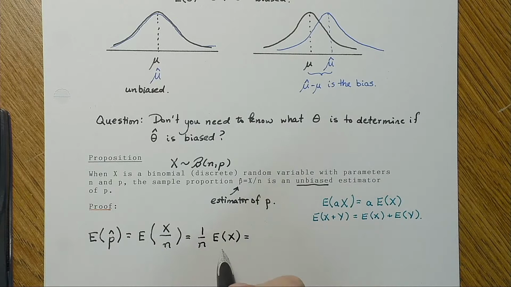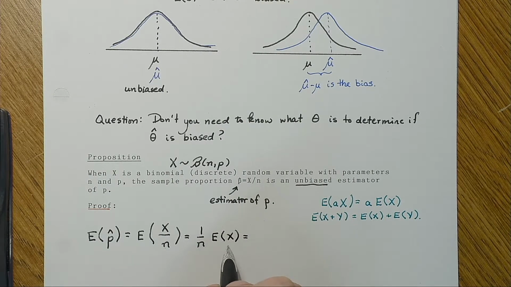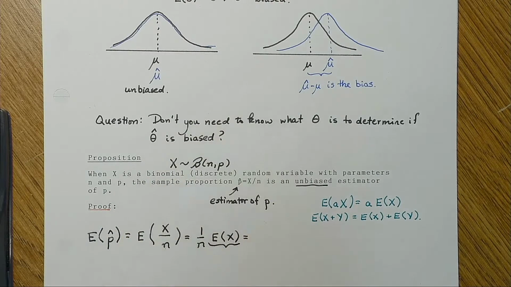Now, in the chat, what is the expected value of a binomial random variable? What's the value of a binomial random variable with parameters n and p?